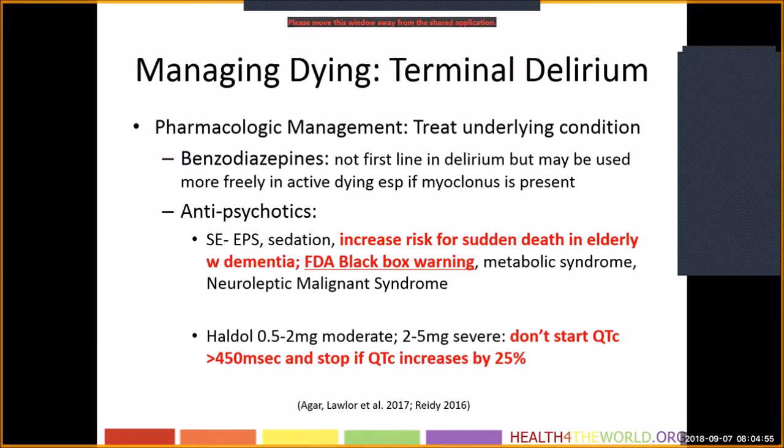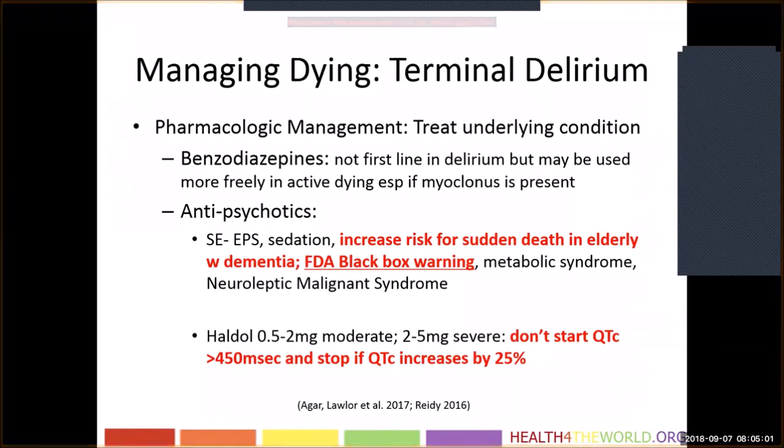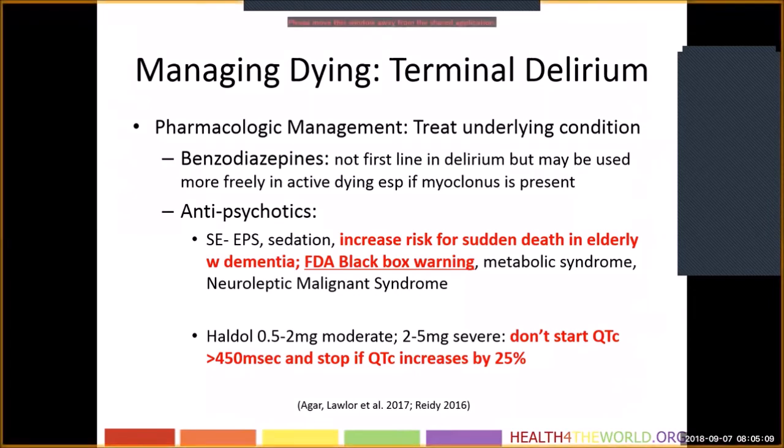Because if you give the benzodiazepine first, it acts in your brain a little bit like alcohol. You might just take a person who has a hyperactive delirium and make it hypoactive. If the person is a sweet person when they drink alcohol, then they'll be very quiet. If they're a mean person when they drink alcohol, giving them benzodiazepines will make them worse.